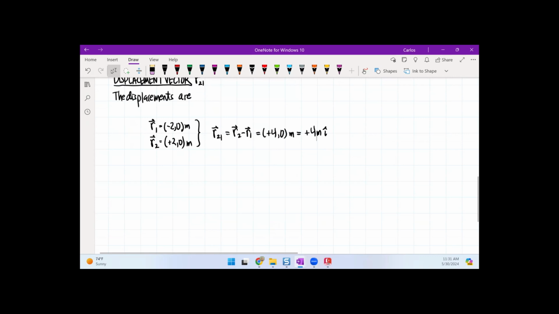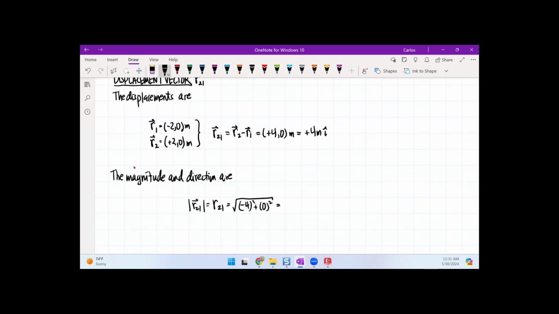Now we need the magnitude and direction. The magnitude of r21 is equal to the square root of 4 squared plus 0 squared, which is, of course, 4 meters.